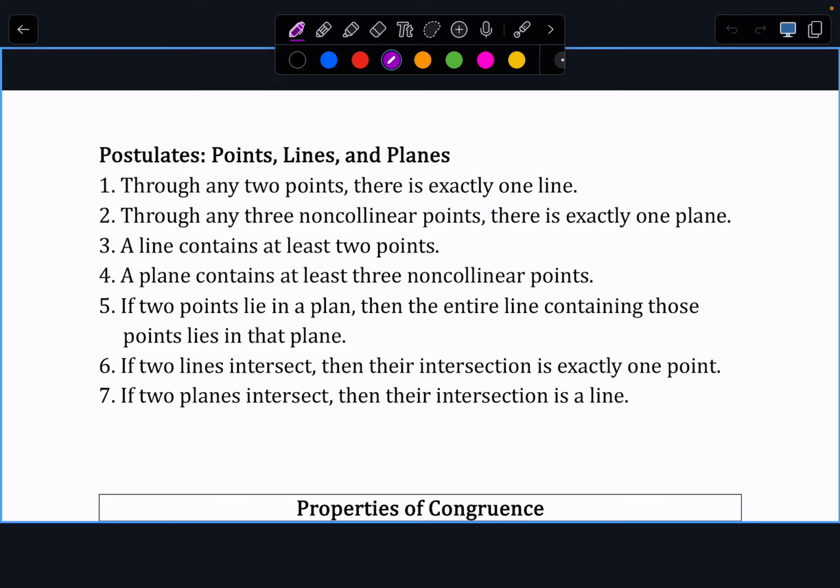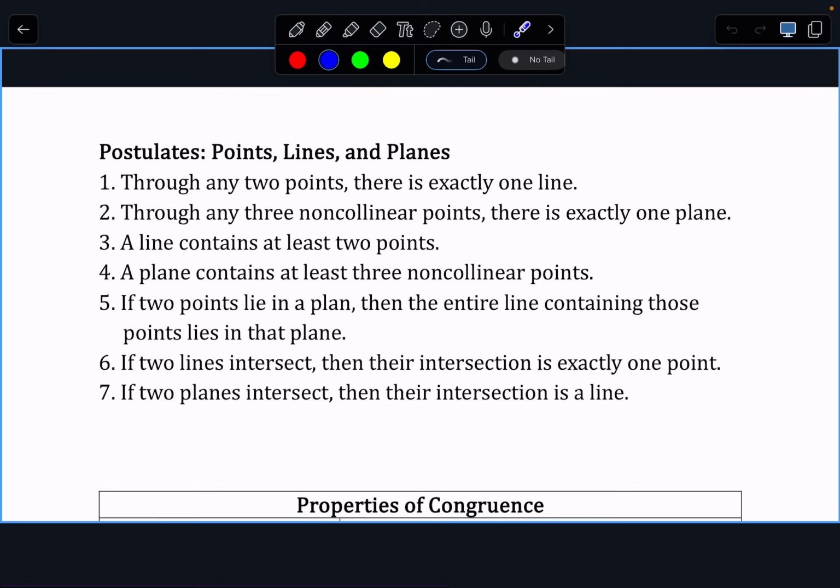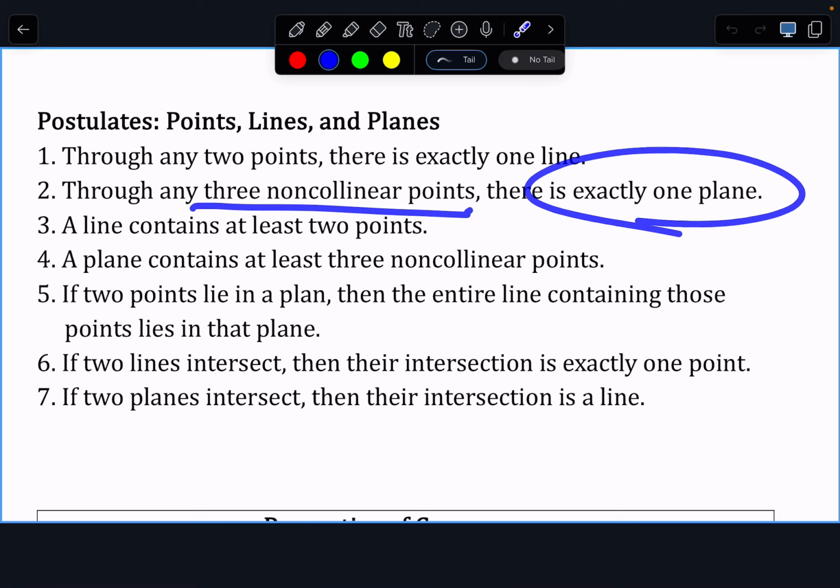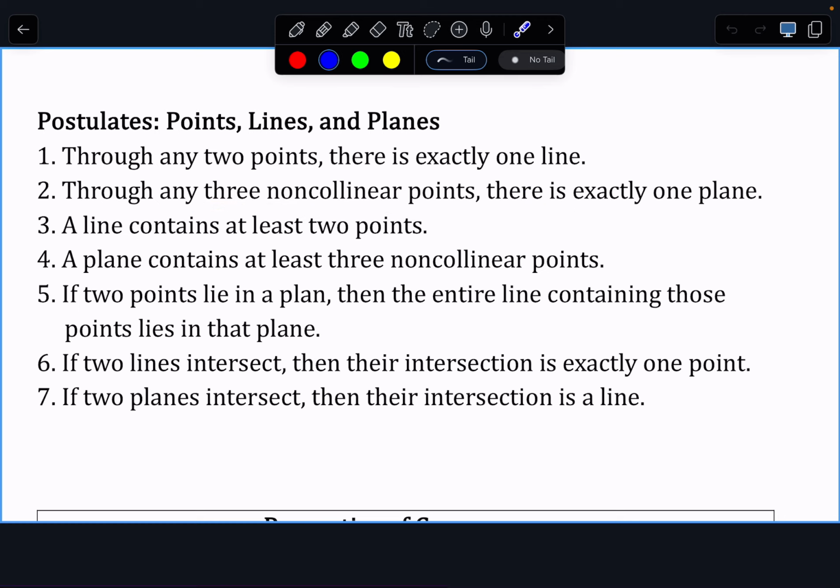Okay? We know that through any 2 points, there's exactly one line. We know that if we have three non-collinear points, there is exactly one plane. Backwards, a line contains at least 2 points, and a plane contains at least 3 non-collinear points.